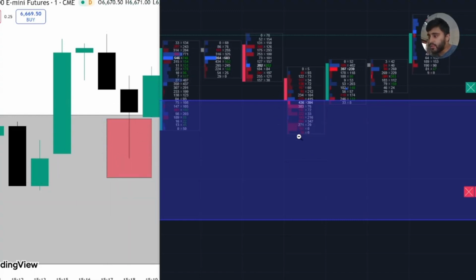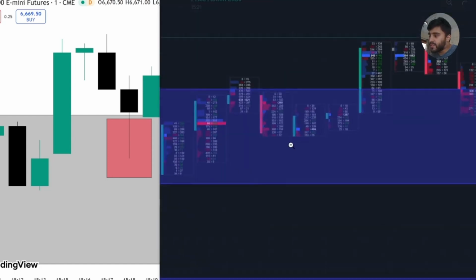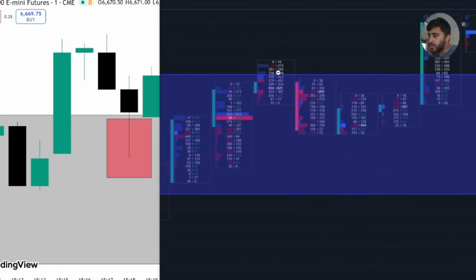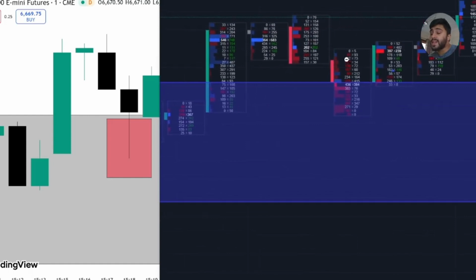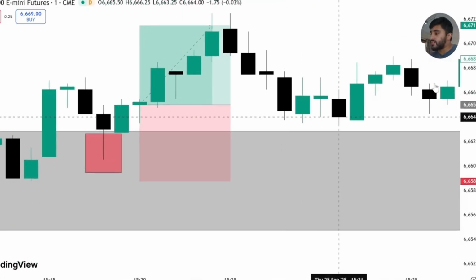A lot of aggressive sellers failed to break below the level again. So what we see over here is passive buyers propping price up. We see aggressive sellers failing, which means passive buyers prop price up again. This is what indicates to us that buyers are in control of the price, right? And that is why we had the markets shooting higher the way it did.